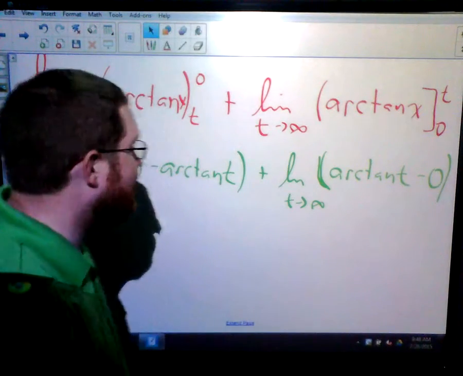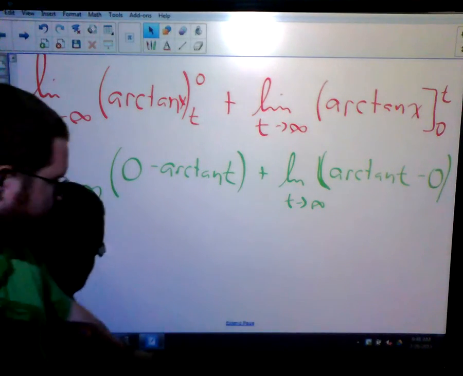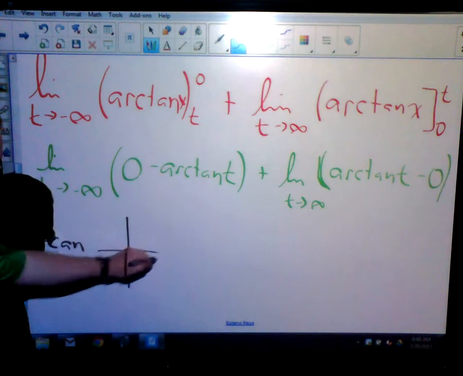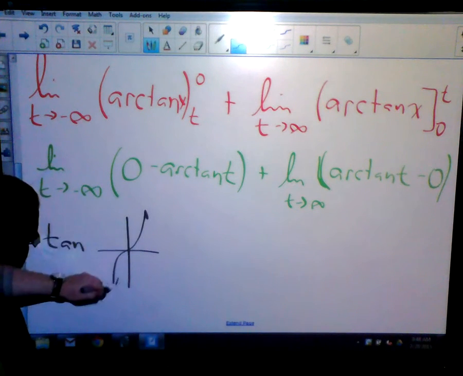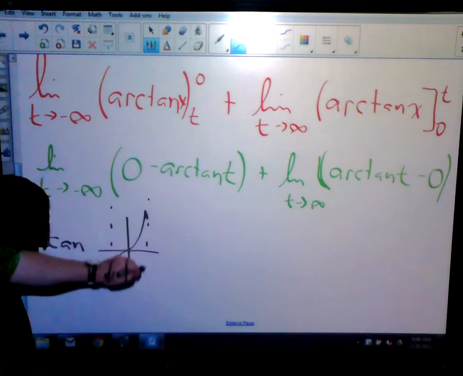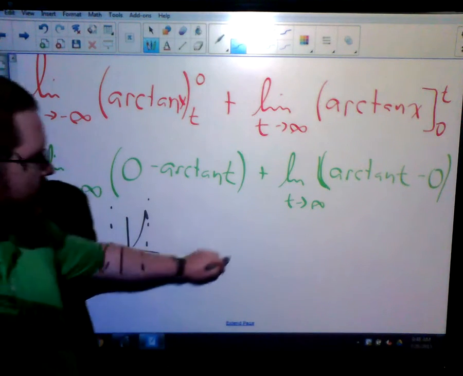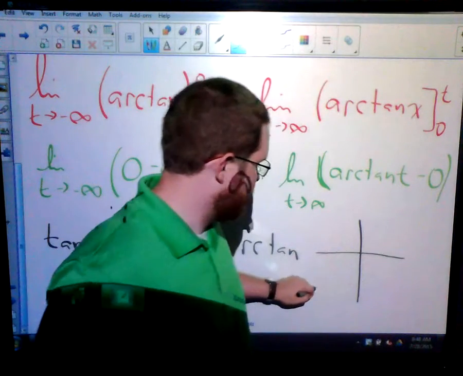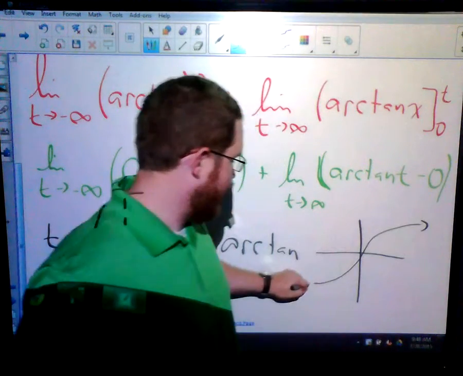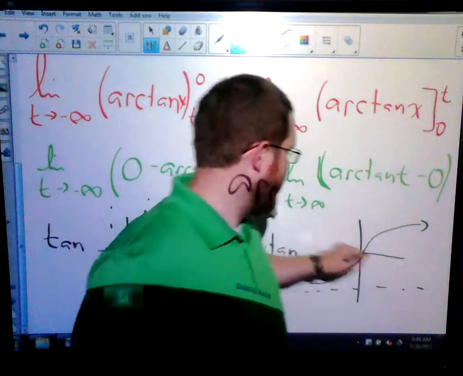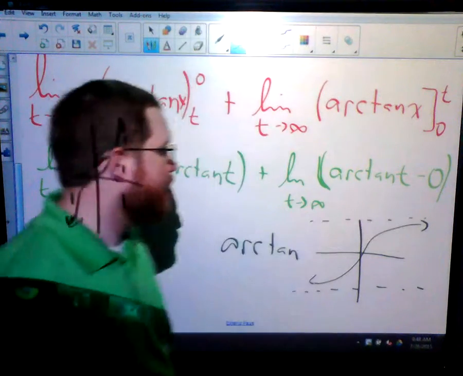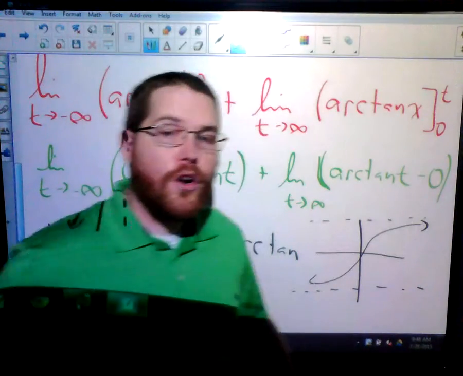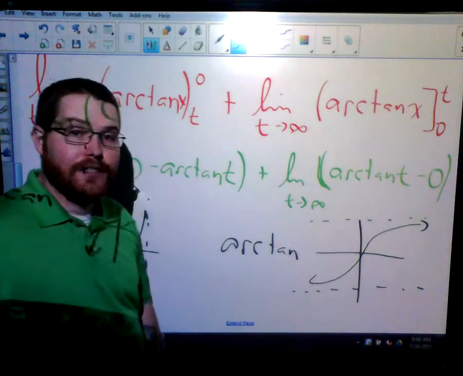Well, you need to have some idea what arctangent looks like. Since tangent's graph looks like this, and has asymptotes here and here, that means that arctan looks like this. It has asymptotes here and here. Now whatever these asymptotes are, they're the same as these asymptotes. What are the asymptotes for tangent?